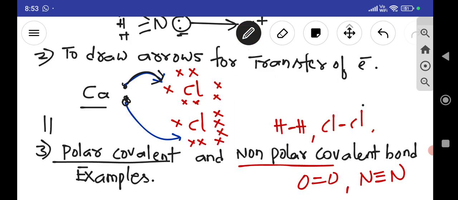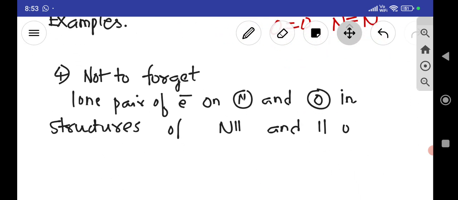But if you take HCl, any electronegative element which attracts the shared pair of electrons, then this will become a polar covalent bond. So we should understand clearly between polar and non-polar covalent bonds.